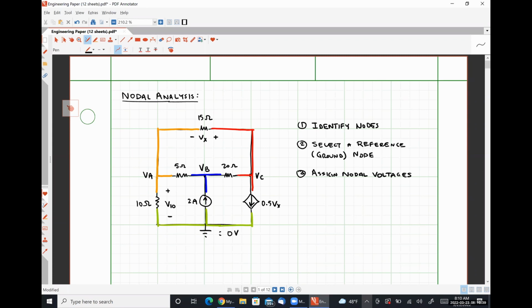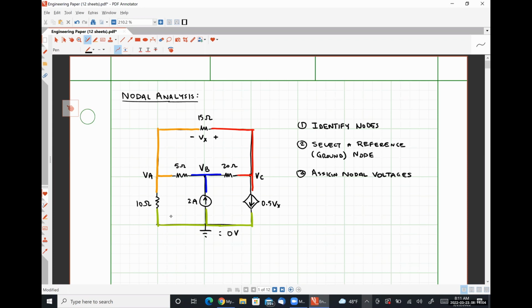So VA is exactly the voltage drop across the 10 ohm resistor, okay? VB then is the voltage drop over the 2 amp current source. And VC is then the voltage drop over the 1/2 VX dependent current source.